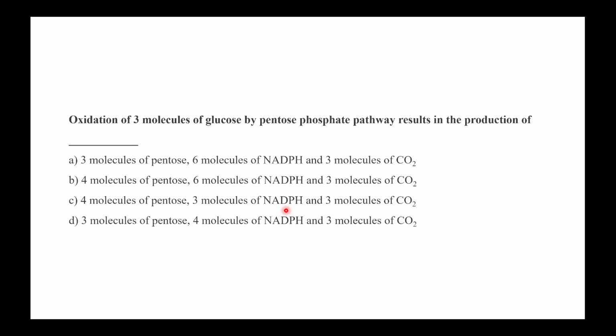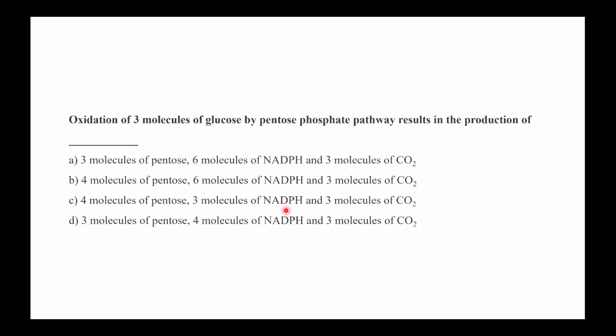I told you HMP shunt pathway is a pathway to synthesize NADPH and pentose sugar. So glucose is a 6 carbon molecule, right? So from glucose molecule, you saw in the oxidative step itself, one carbon dioxide is released to form a 5 carbon pentose sugar, right? So now if 3 molecules of glucose are there, then how many carbons are there? 6 carbon in 1 glucose.